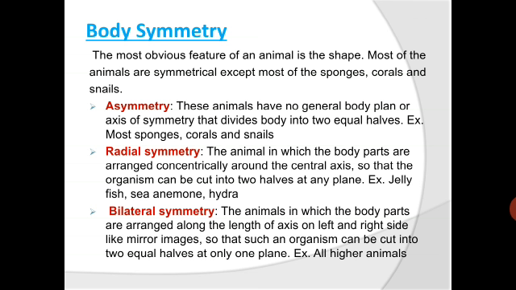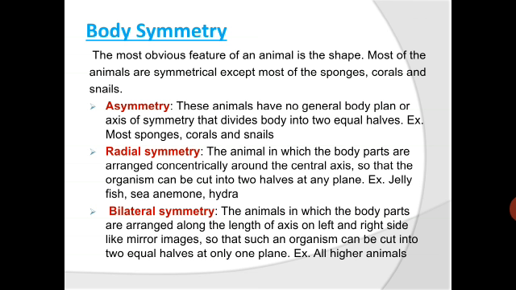Whereas radial symmetry is nothing but here the animals in which the body parts are arranged concentrically around the central axis so that the organism can be cut into two halves from any plane. So from any plane the organism can be cut into two equal parts. Such a symmetry is called radial symmetry.